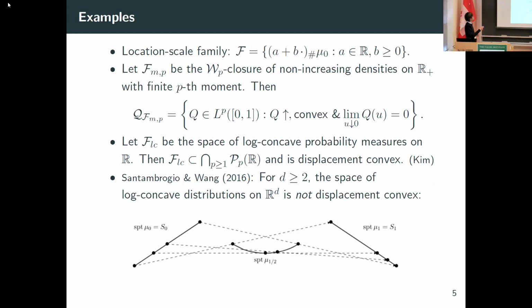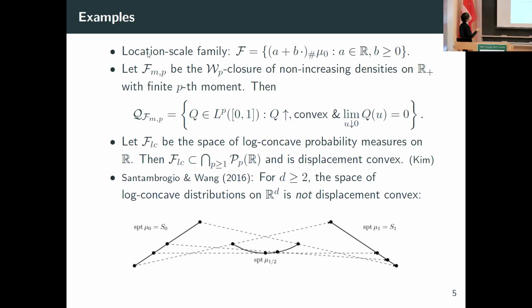The easiest case is the location scale family, which is studied in that earlier work by Amari and Takatsu. Suppose you start with a base distribution, let's say the standard normal, and then you do a location scale transformation. Then that family is the location scale model and is displacement convex.